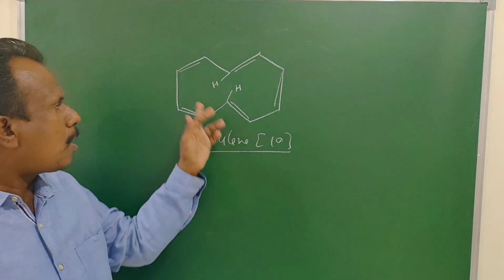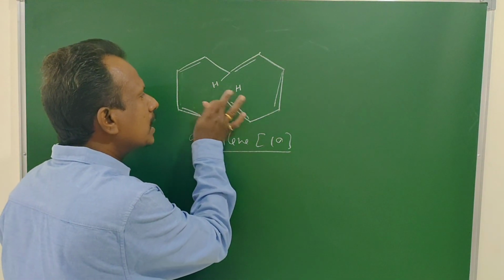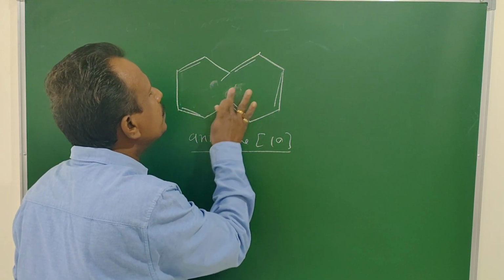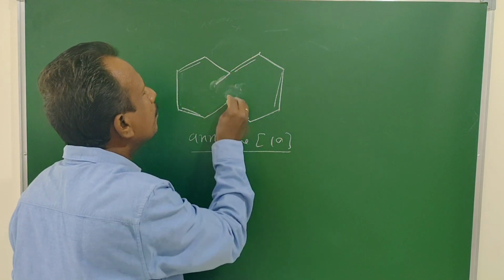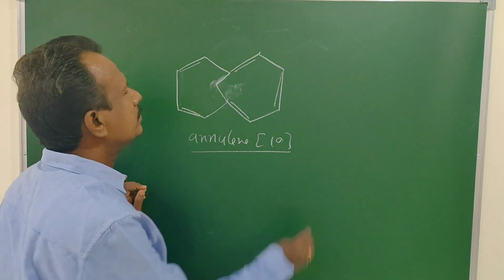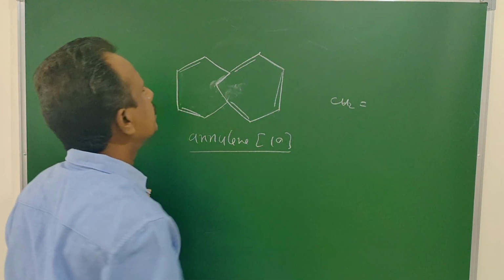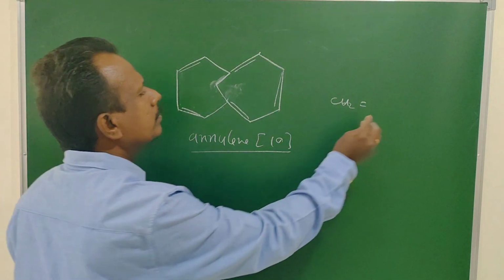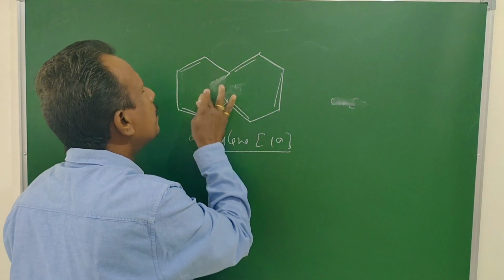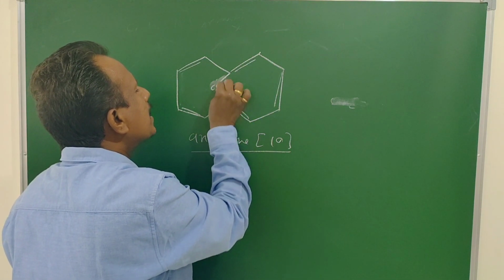[10]Annulene is a non-planar and non-aromatic compound. If the two H atoms in trans orientation are replaced by a CH2 group, then the molecule becomes planar. It is aromatic. Next one, in place of CH2, these two H atoms are replaced by CH minus.